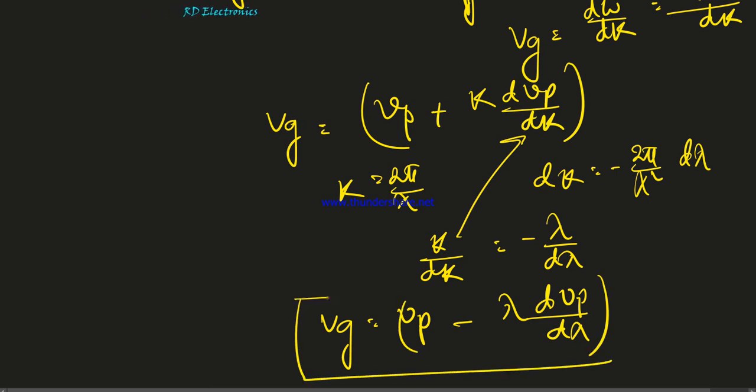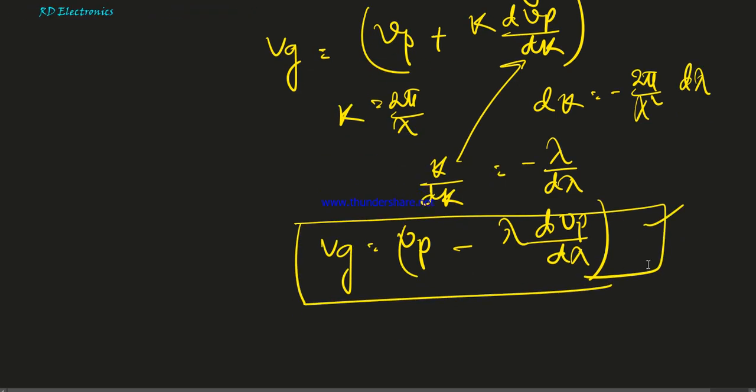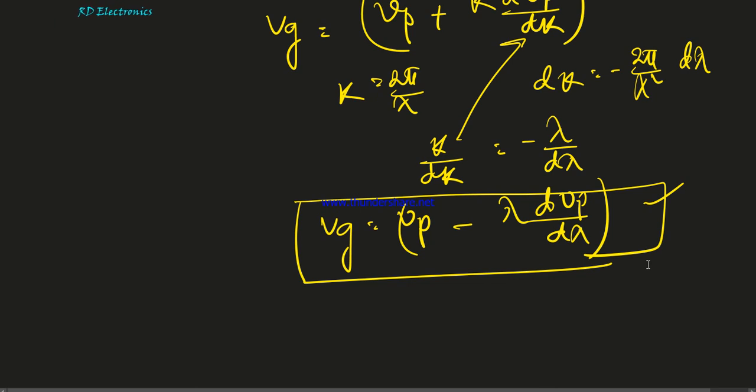This is the relationship between phase velocity and group velocity, and it shows that the group velocity is the phase velocity minus this term, for the particle travelling in any medium.